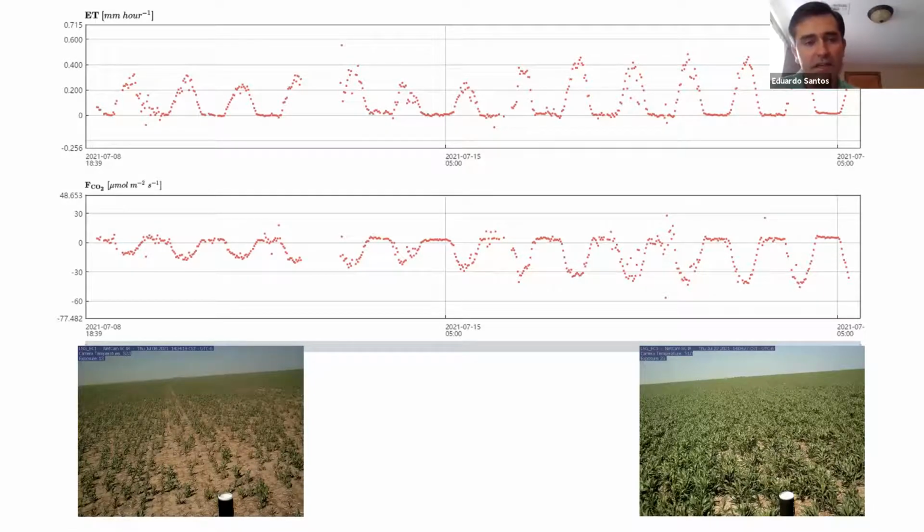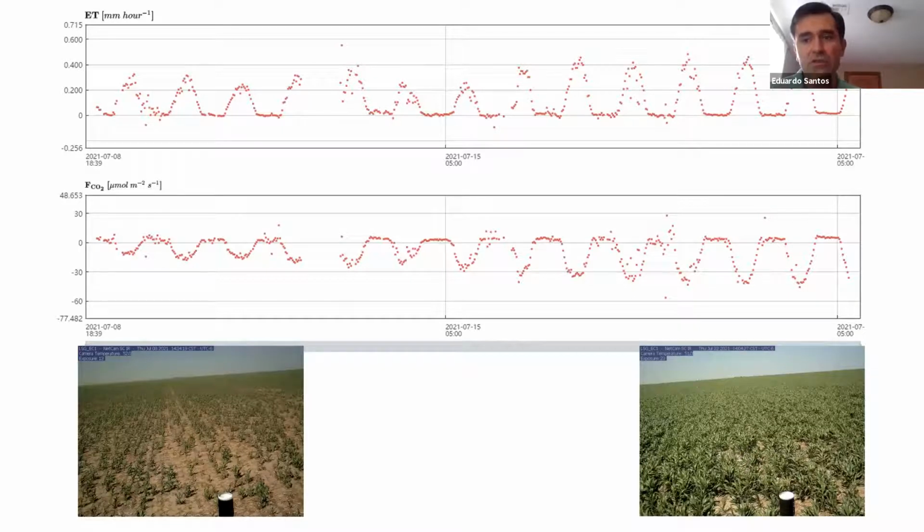One thing that is going on with climate change is that you're having warmer and warmer nights, and this flux is increasing over time because you have warmer nights. So it means that some of the CO2 that the plants accumulate during the day is actually being lost during the night through respiration.